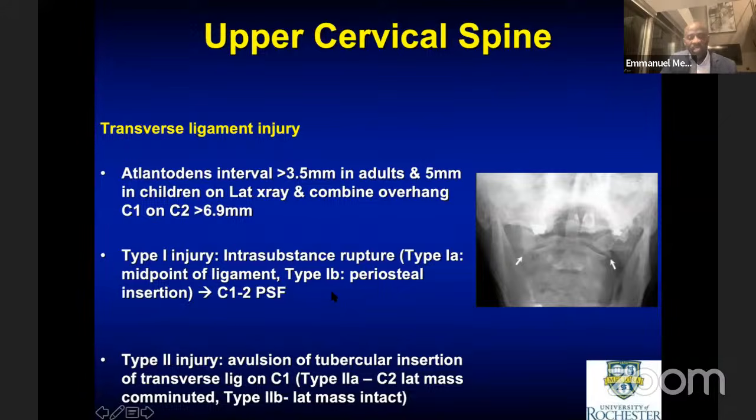Type 1 injuries are intrasubstance injuries, and a type 2 injury can include avulsion injury with tubercular insertion of the transverse ligament.